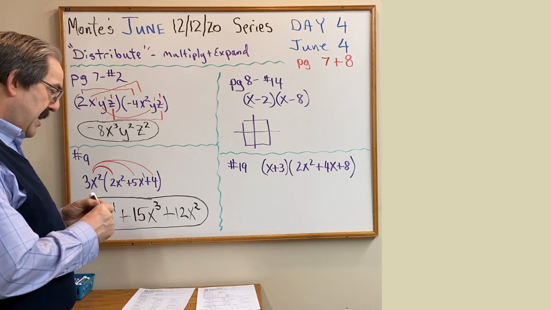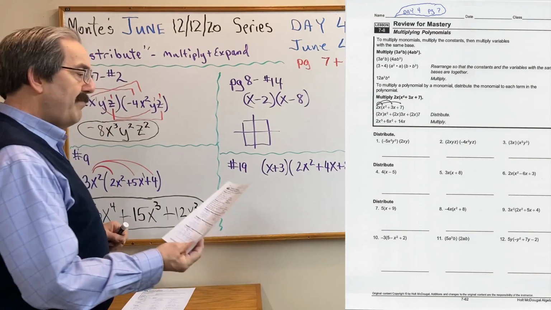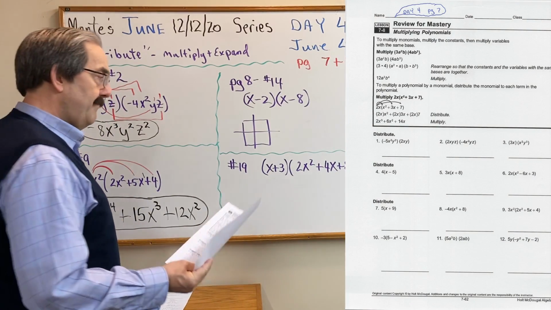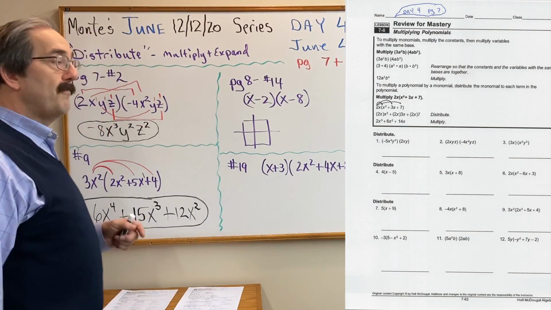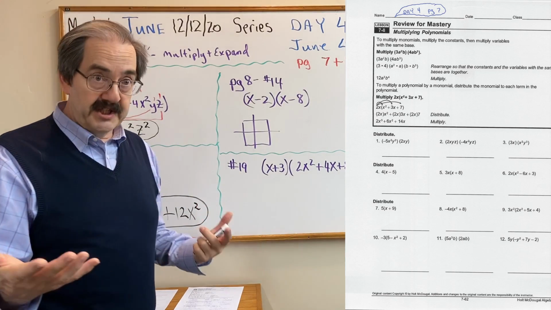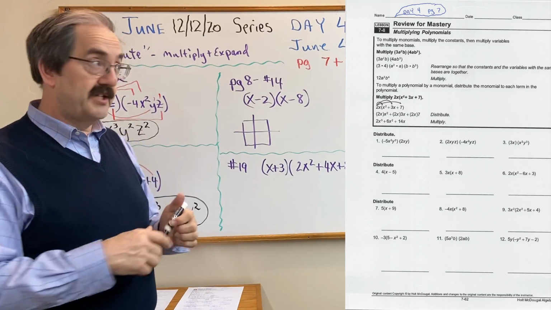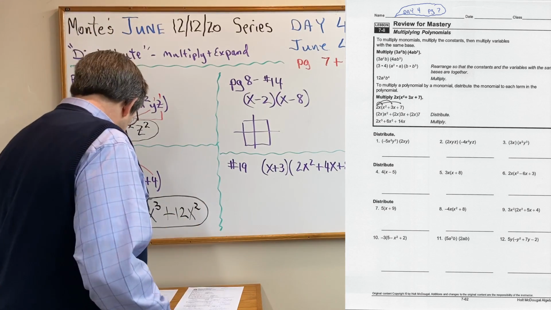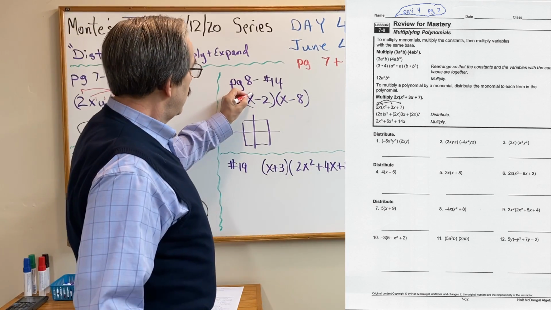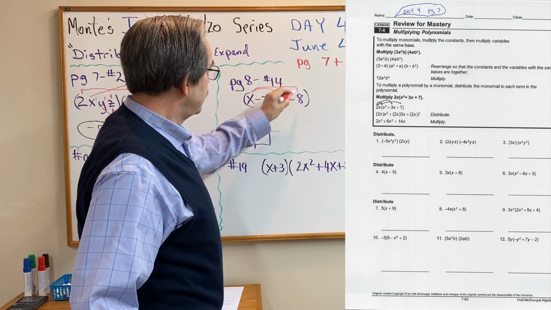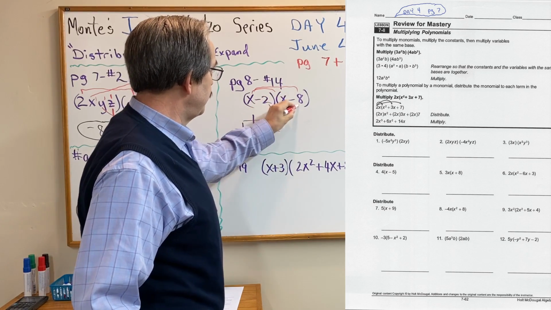All right. Now, let's go to page 8. Now, there's several strategies here, depending on your age. Now, remember, this times this, this times this, this times this, this times this.